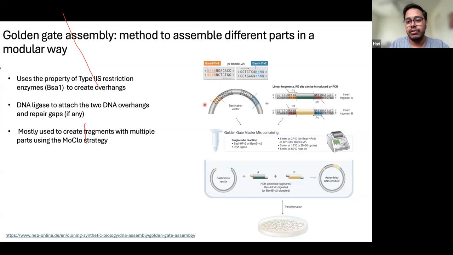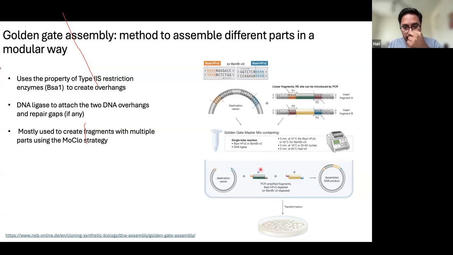And if we add this BSA1 recognition site on both sides of the part that we want to cut, and we design these 4 sequences in a certain way, we can create different parts that have specific overhangs that can lock onto different specific overhangs.